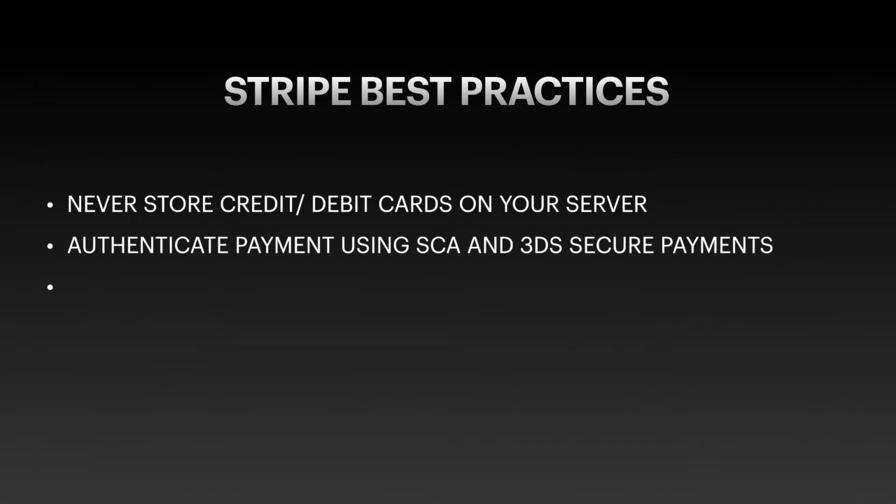When you collect the credit or debit card in your front end, the best way to manage this is to connect your front end with the Stripe backend, and you will receive an ID. This payment method ID you can pass to the server, and this payment method doesn't have information that compromises the security of your customer.